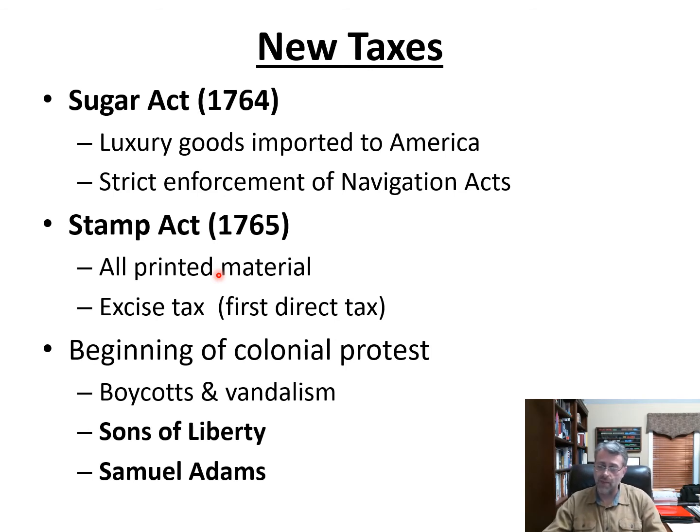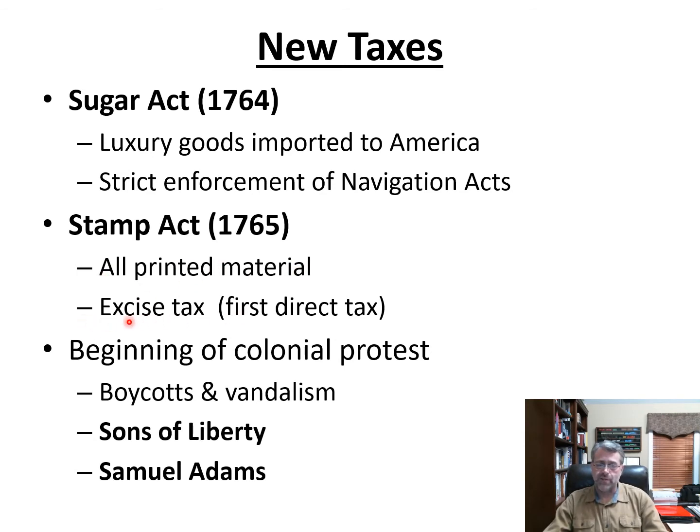And to get this stamp, this official verification that this document is legitimate, you'd have to pay a fee. So this is kind of a precursor to our modern notary type situation. So all this printed material is being taxed.